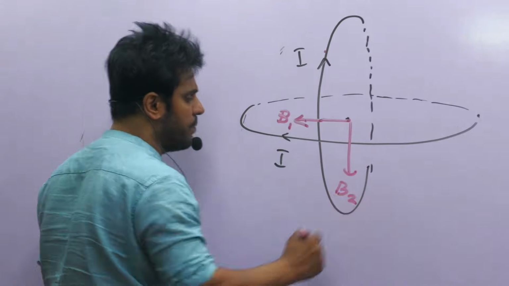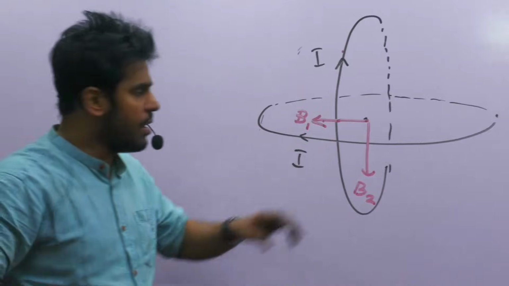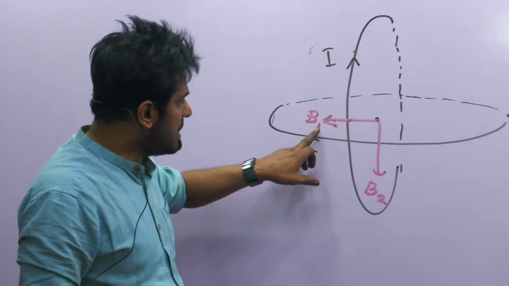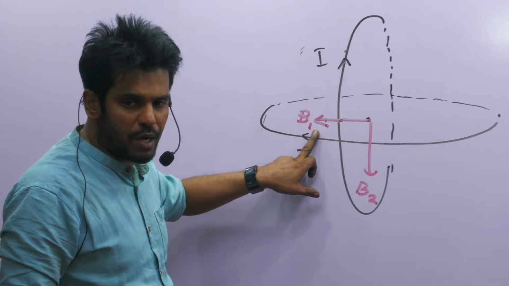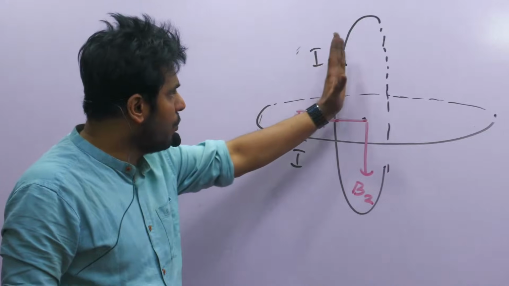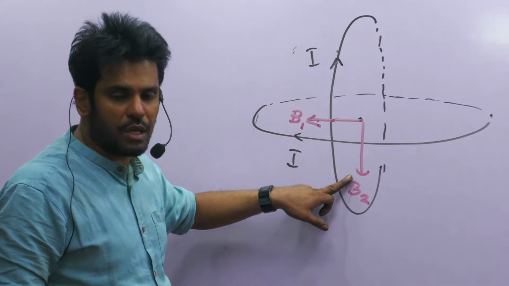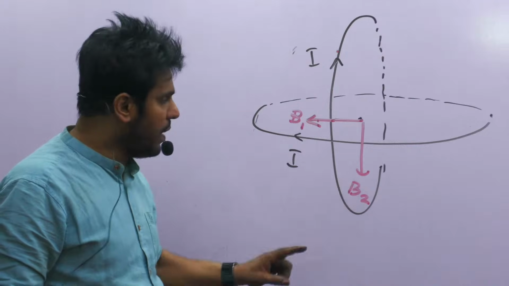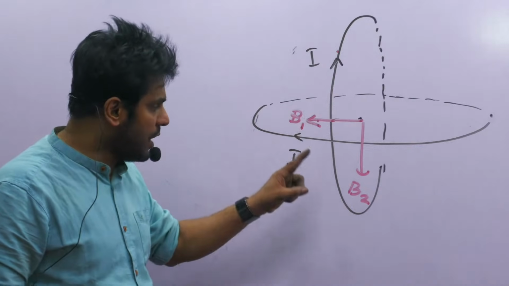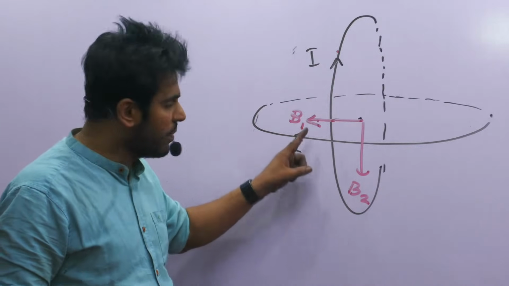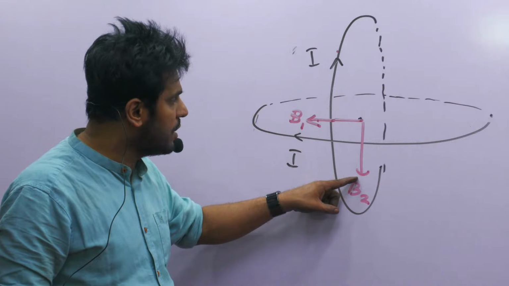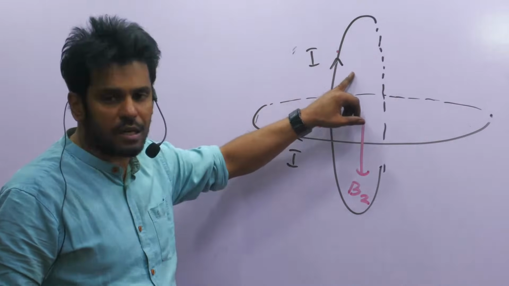Now listen to me. This is B1, the magnetic field due to the vertical loop. This is the magnetic field due to the horizontal loop. Actually, they have equal magnitude, due to these two identical currents.